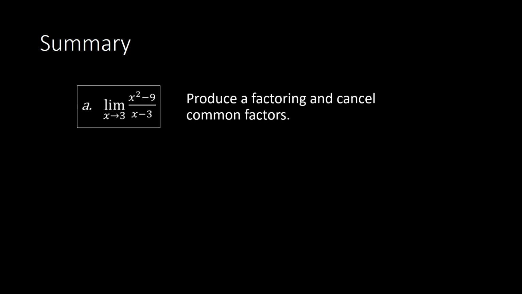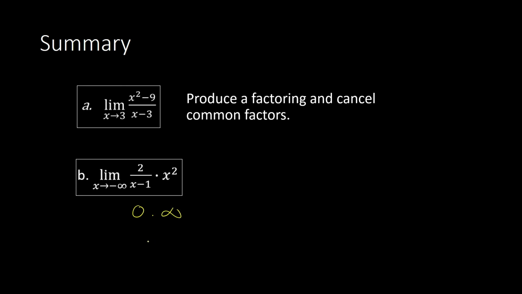This one is an indeterminate form, and it took the form of 0 over 0. So what do you do? You factor both the numerator and denominator, look for common factors, and cancel them. So that's one way to solve the limit of an indeterminate form. In the second example, we saw something like this. This is 0 times infinity, and when we wrote it as one rational function, we found something like infinity over infinity. Still, this is an indeterminate form.